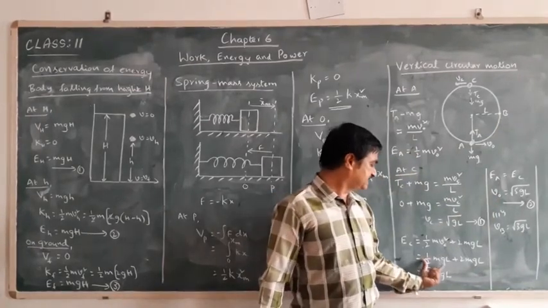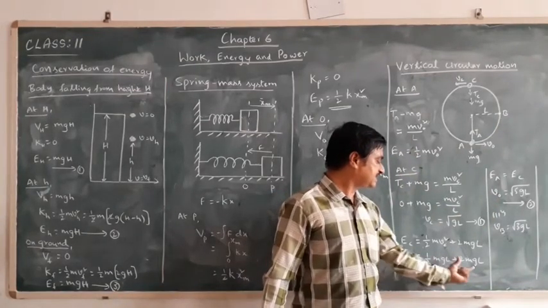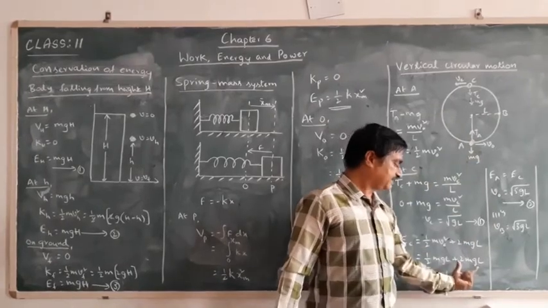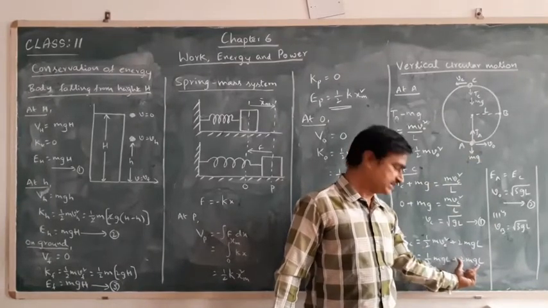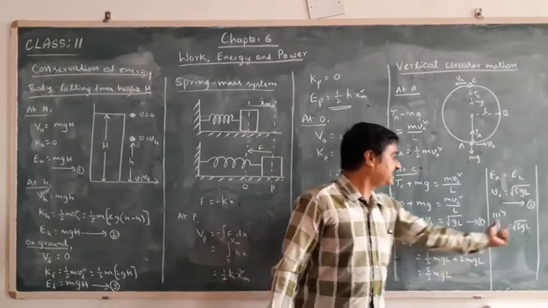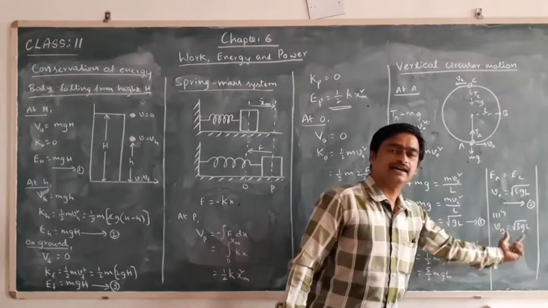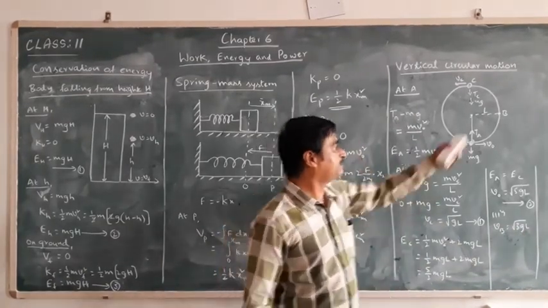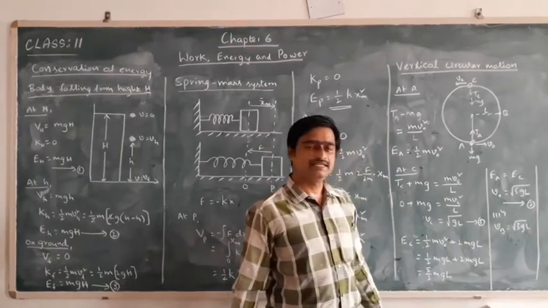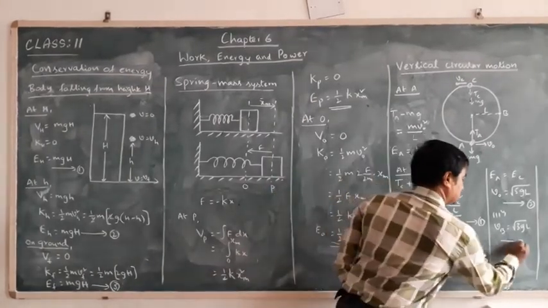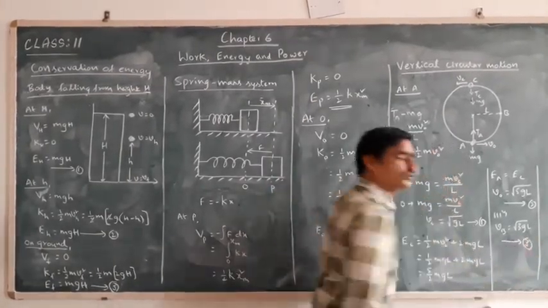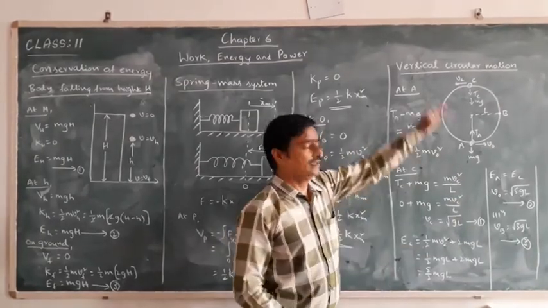See, we are going to get the same expression, half mgL plus, instead of 2mgL here we are going to get mgL, that is 1/2 plus 1, 3/2 gL. We can get the value of velocity at point B as root of 3gL. These are the velocities at three points in order to have a circular motion.